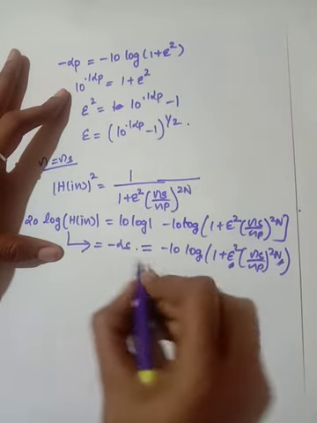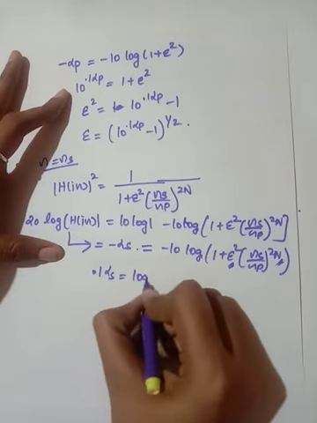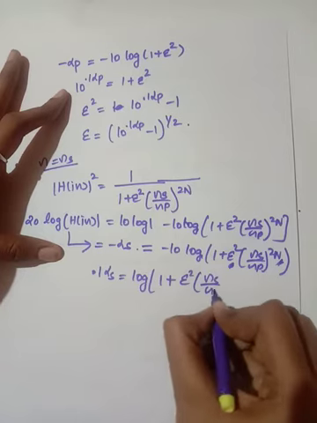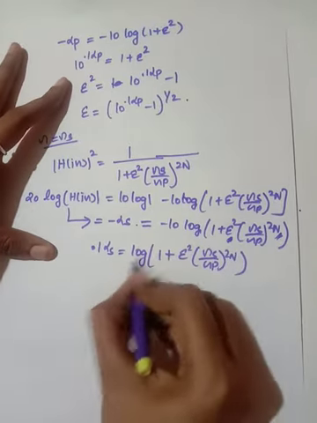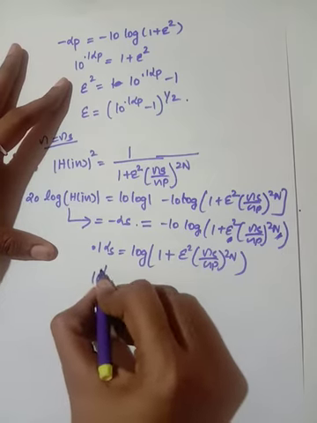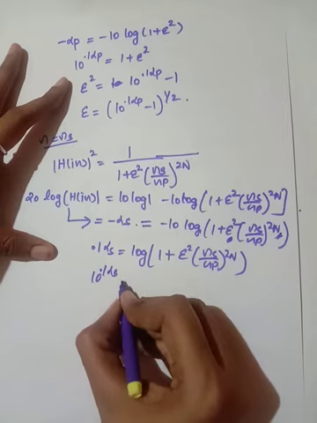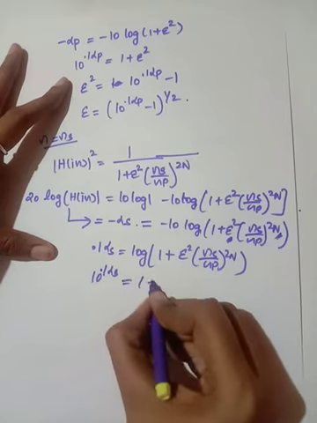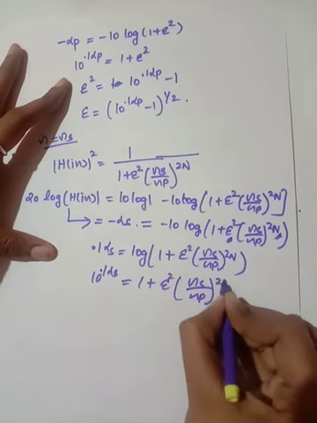Okay, now this can be written as 0.1 alpha s is equal to log of 1 plus epsilon square (omega s by omega p) the whole power 2n. Okay, if you want to remove the log, then that is 10 power 0.1 alpha s, which is equal to 1 plus epsilon square (omega s by omega p) the whole power 2n.